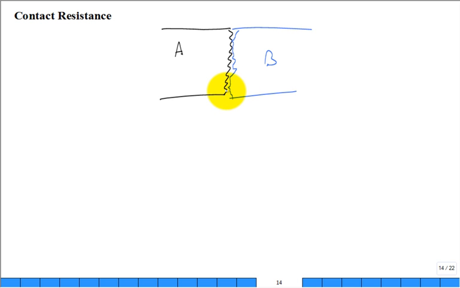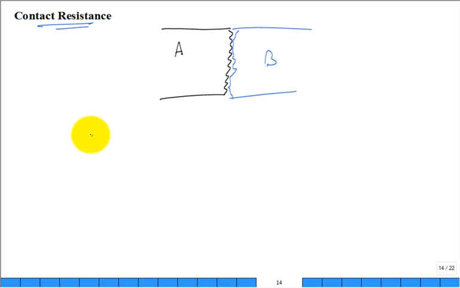So there's metal-to-metal contact between A and B, but then there are some gaps. What's in the gaps? Air. Or if you're an engineer, you could insert some other material to promote the heat transfer across that gap, that contact. But you could get a resistance to the heat transfer.